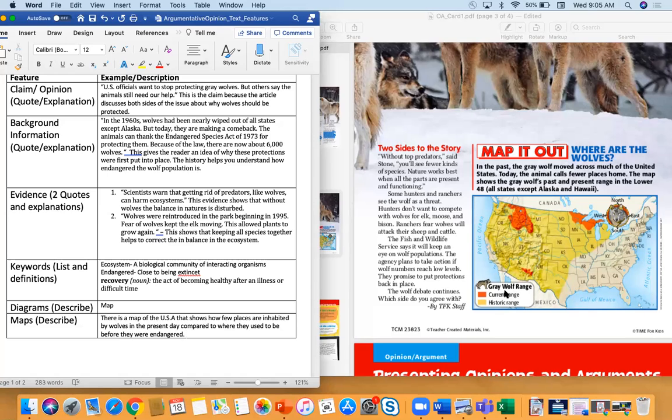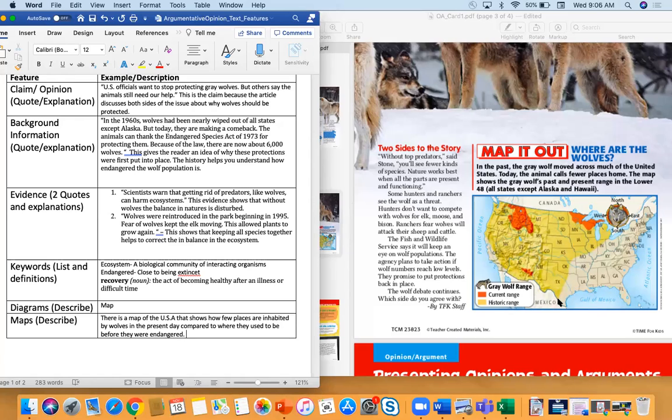So this map shows you the wolves' current range in orange. So there's only wolves in this part of the US, right here, kind of close to where we live, and right here. But in the historic range, they used to be all over. Isn't that sad?